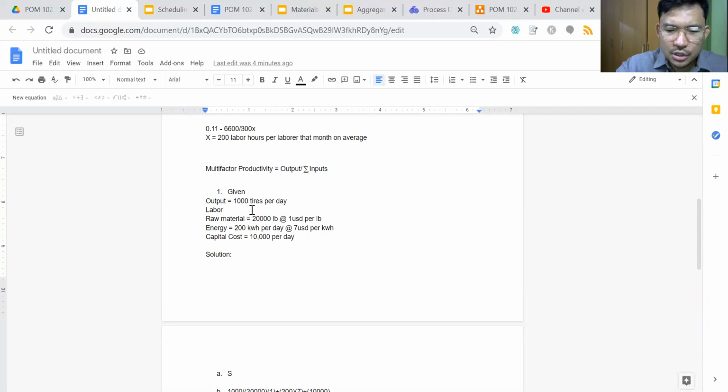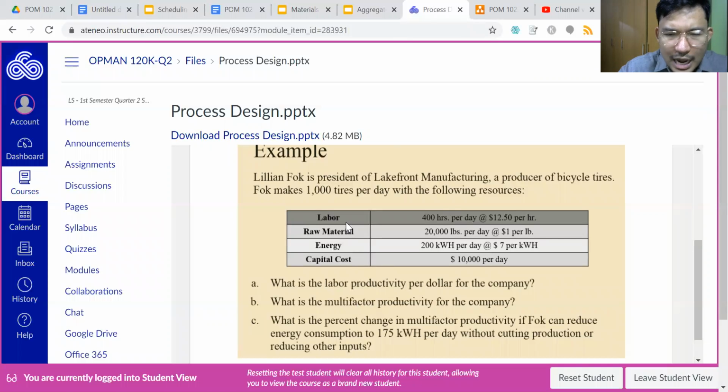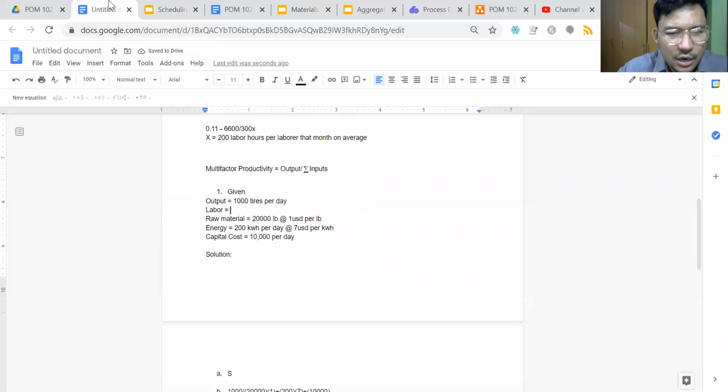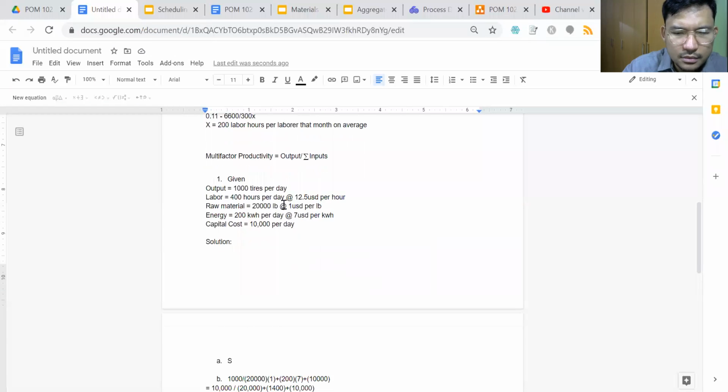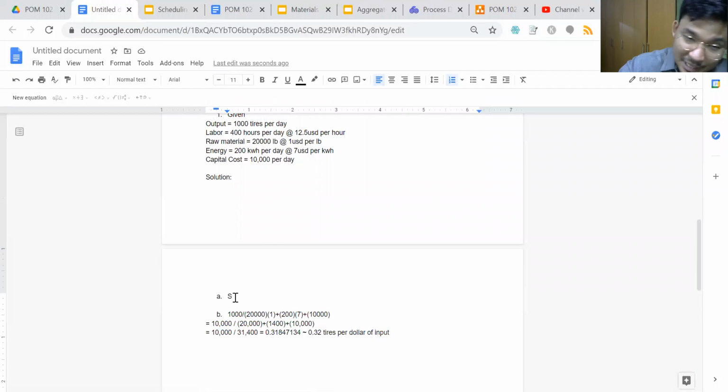The inputs are, first, labor: 400 hours per day at 12.5 USD per hour. I've already written the others here.